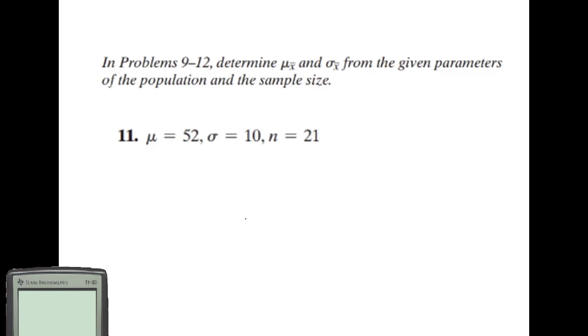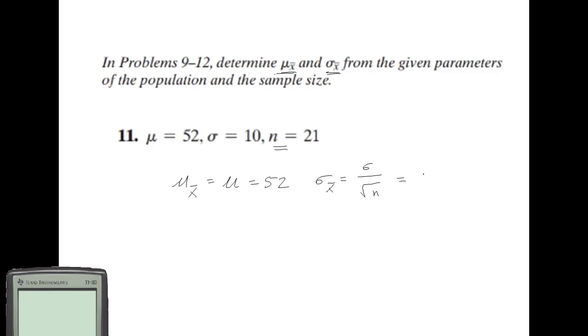Alright, this is section 8.1 examples, and in this problem they want you to find the mean of the sample distribution. Well, mu sub x bar is equal to the mean, which in this case is 52, so that's pretty easy. And the standard deviation of the sample distribution, sigma x bar, is equal to sigma divided by the square root of n, which is the sample size up here.